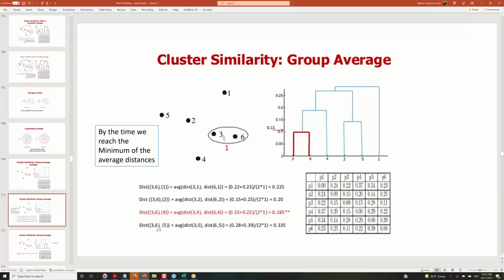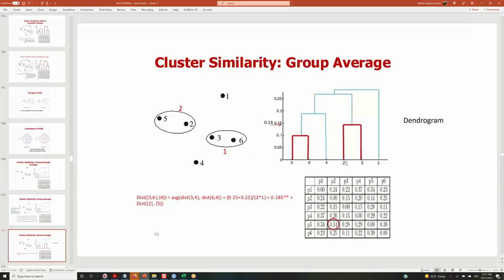You do that for every one of the points, to see which one should be joined first, right? Whether 1, 4, 2, 5. And you see 4 is the lowest, again, minimum of the average distance. So that means 4 joins first. It is happening because of 0.185. At that point only it is joining with 4.